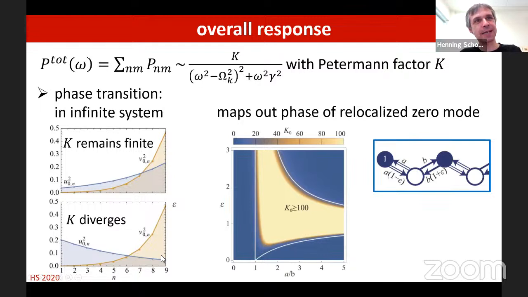So this orange, brownish curve tells you how strong the system responds, and the bluish one tells you where it responds. In the directed amplification regime, you excite it on one side and it responds at the other side. And you see that if you make the system larger and larger, these are exponential curves, the overlap becomes smaller and smaller. And the Petermann factor is just the reciprocal of this. So it exactly tells you it.